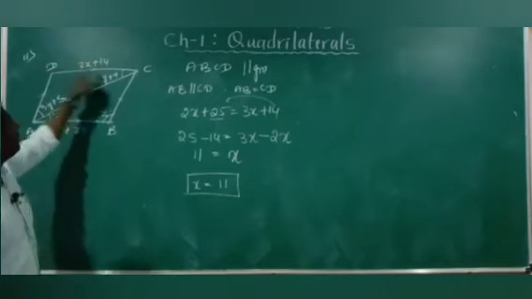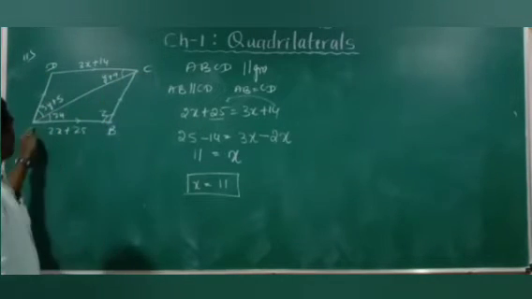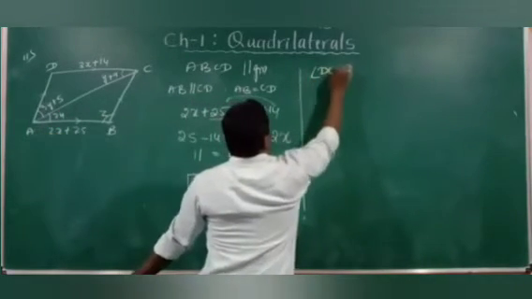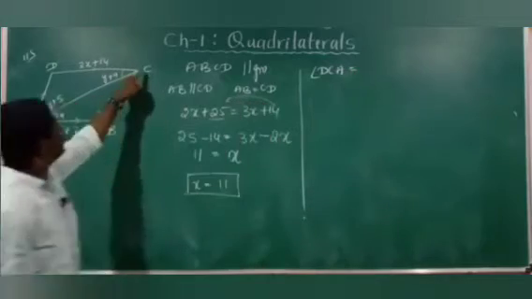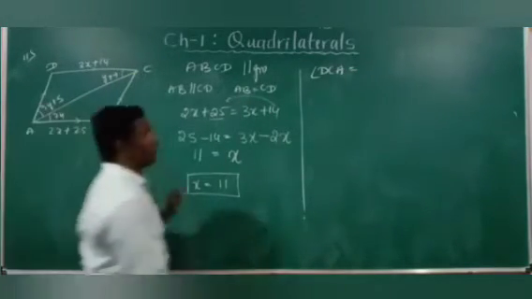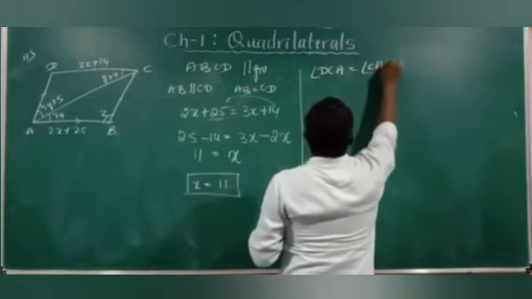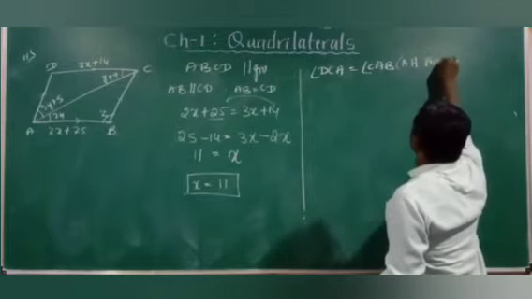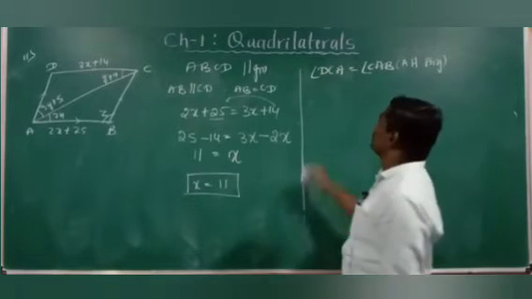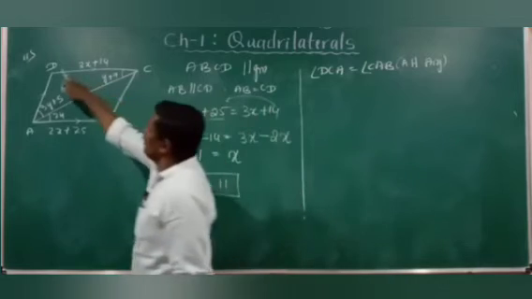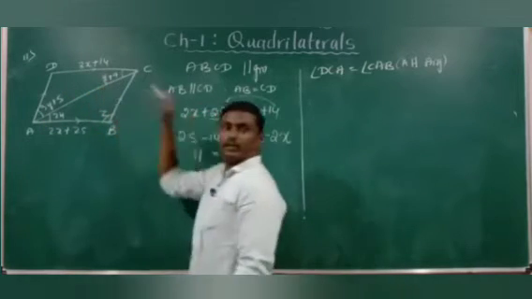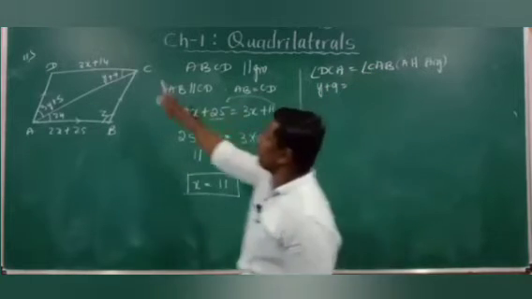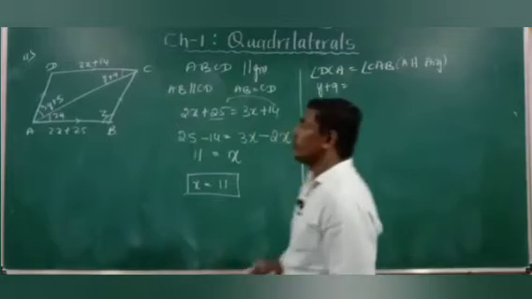So angle DCA is equal to angle CAB, alternate angles. Angle DCA means y plus 9. Angle CAB is nothing but 24.